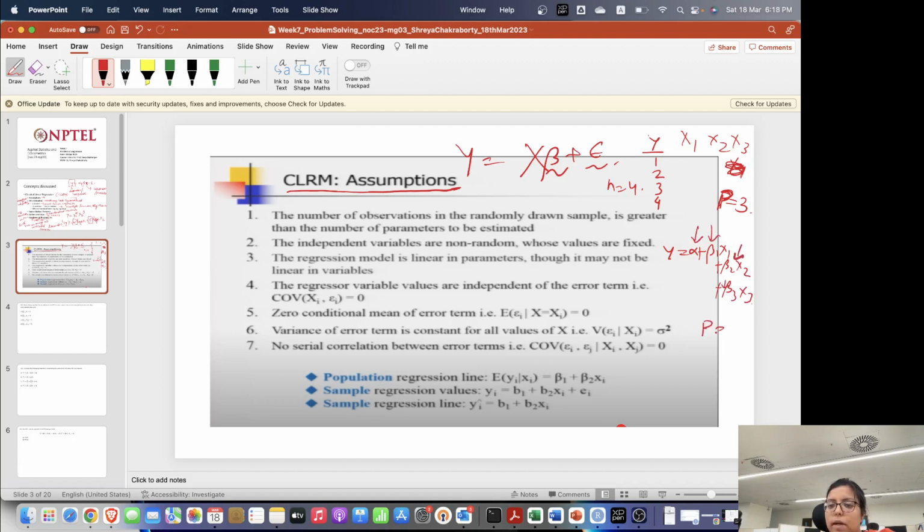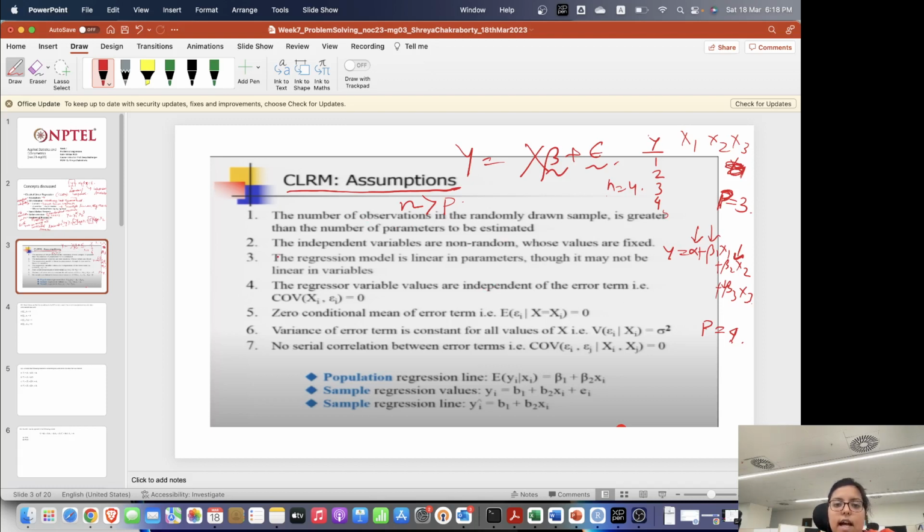So here p will be 4, and we need at least 5 observations n to get the estimates of these 4 unknown parameters. So the first thing is that the total number of observations n should be greater than the number of parameters to be estimated.